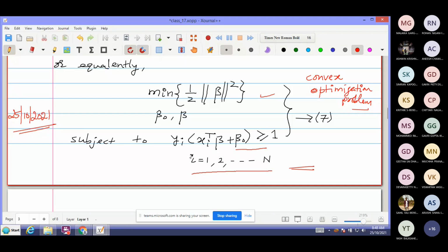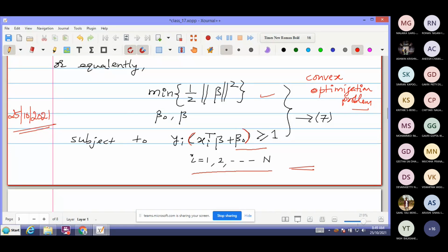This product being greater than or equal to 1 ensures that all the xi's belong to the correct class. I hope you are able to recognize that, because the term in the parenthesis, xi transpose beta plus beta 0, essentially represents, or is proportional to, the signed distance of the point xi to the hyperplane.